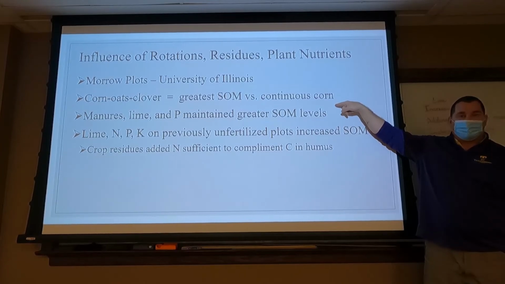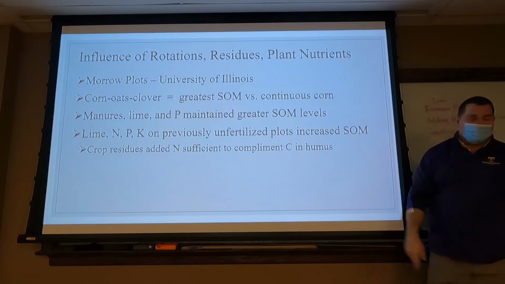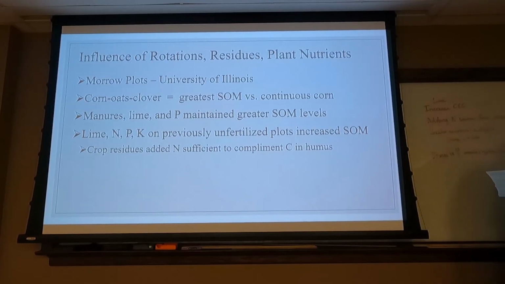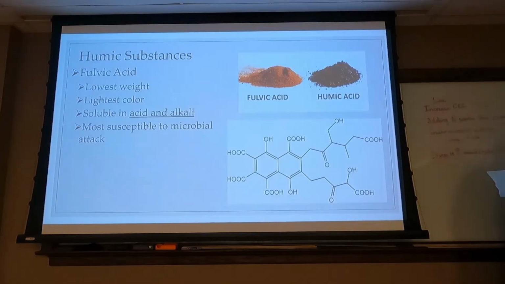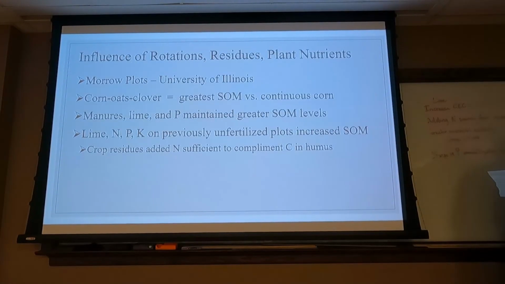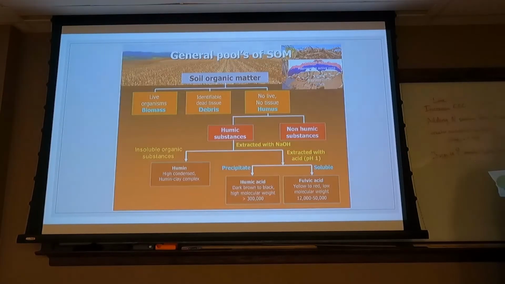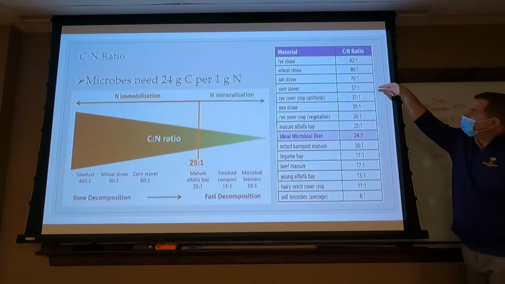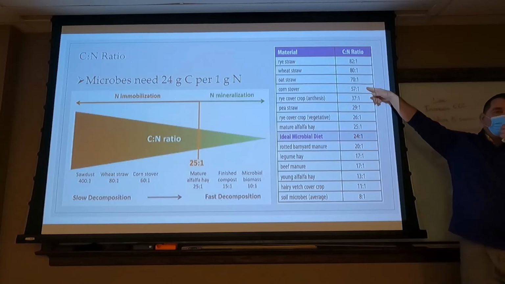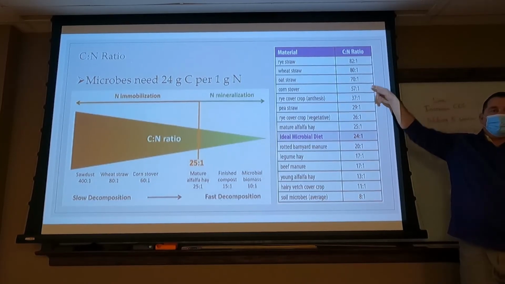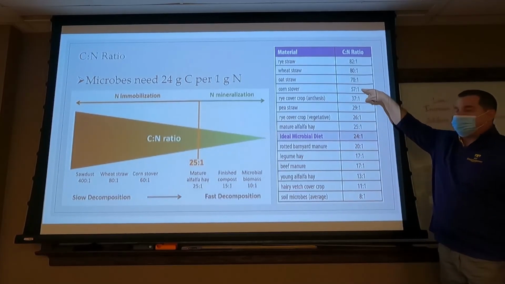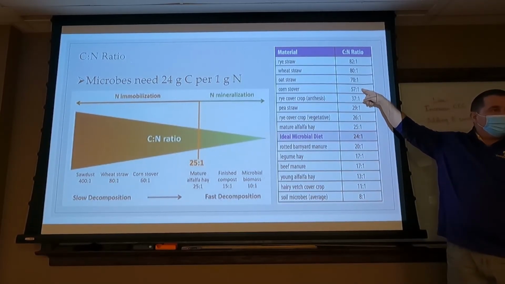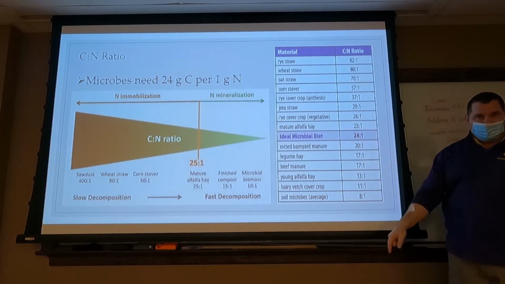That's why soil organic matter doesn't increase, because we're putting 57-to-1 out there every year. And so the nitrogen that we go to apply is being used to decompose this corn stover rather than growing our plants.